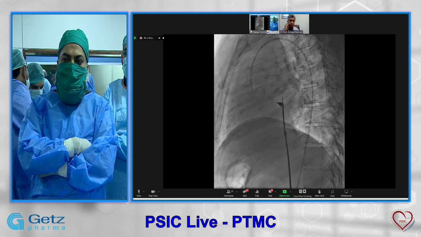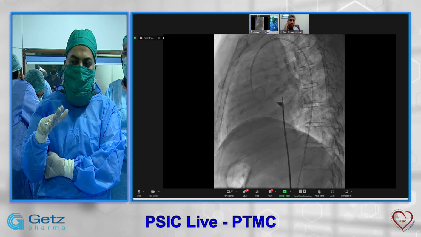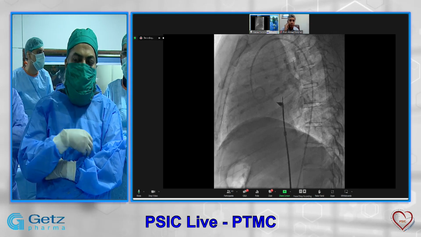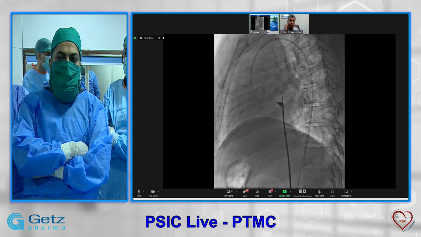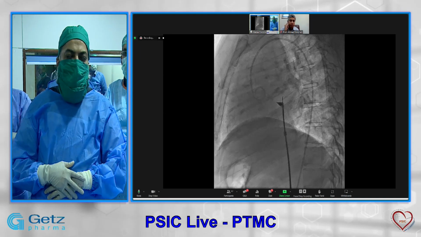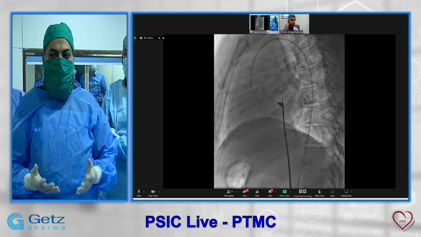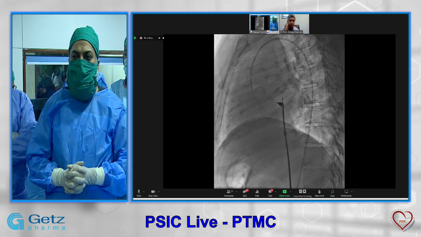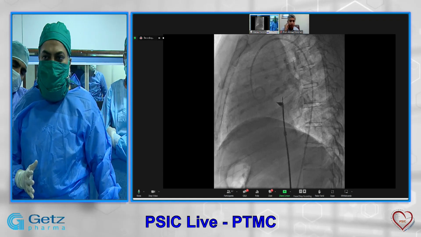And once the septum is tenting, it will go very close to the posterior wall or superior wall. So once you have punctured, if you have a floppy septum, the conventional or bookish teaching is that you go under TEE guidance.